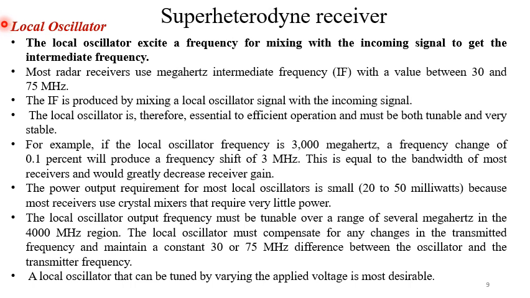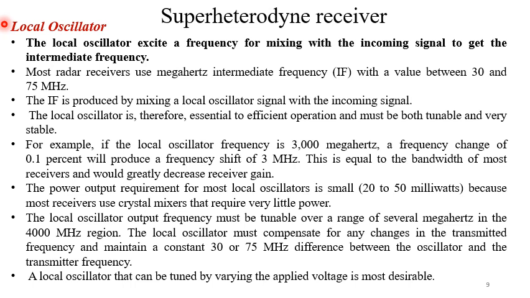Next is the local oscillator. The local oscillator excites a frequency for mixing with the incoming signal to get the intermediate frequency. Most radar receivers use a megahertz intermediate frequency with a value between 30 to 75 megahertz. The IF is produced by mixing a local oscillator signal with the incoming signal.